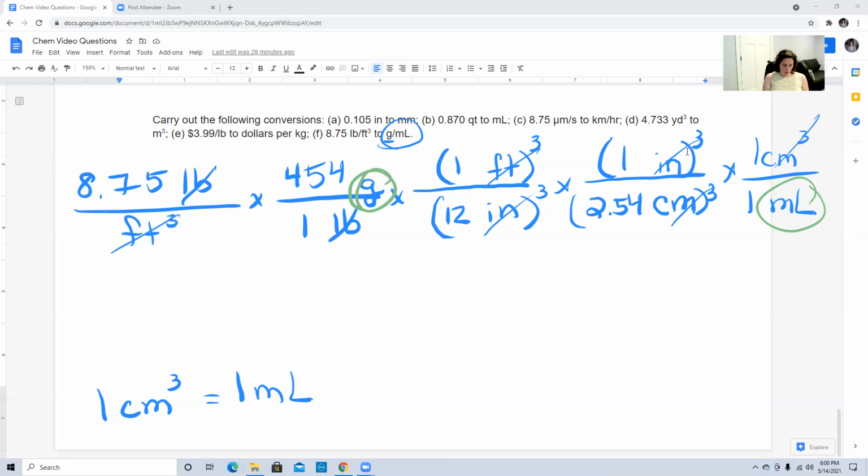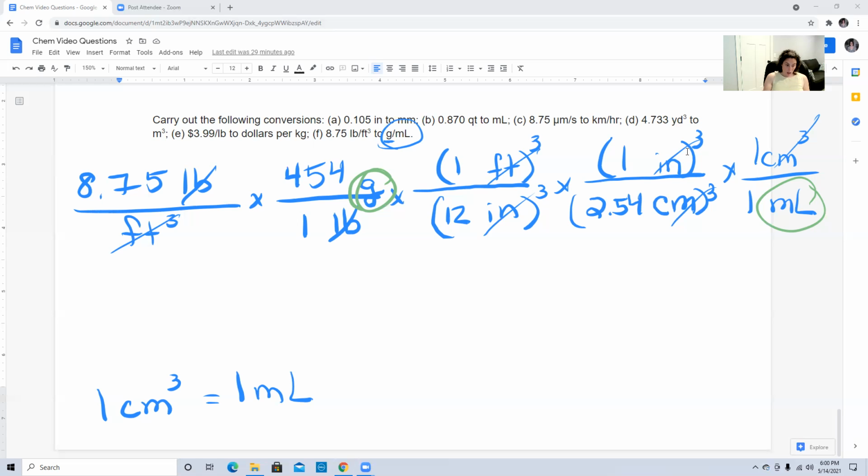And then that is also multiplied by, so lots of parentheses here. All right, 12 cubed times 2.54 cubed for the centimeters part. So 2.54 to the third. And then all of that is being divided.